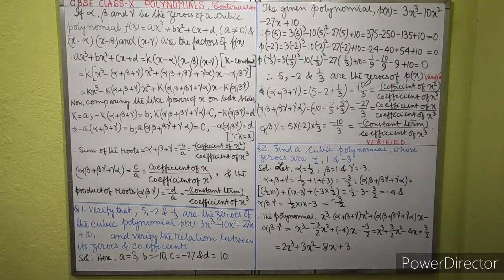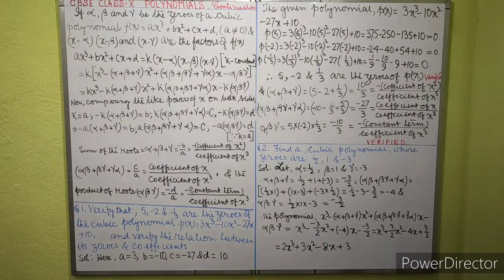Now the given polynomial is p(x) equal to 3x cube minus 10x square minus 27x plus 10. Therefore, the value of p(5), when we put 5 as the value of x, is 0. When x equal to minus 2, that is also 0. And when x equal to 1 by 3, it is also 0. Because all these are 0, therefore 5, minus 2 and 1 by 3 are the zeros of the polynomial.